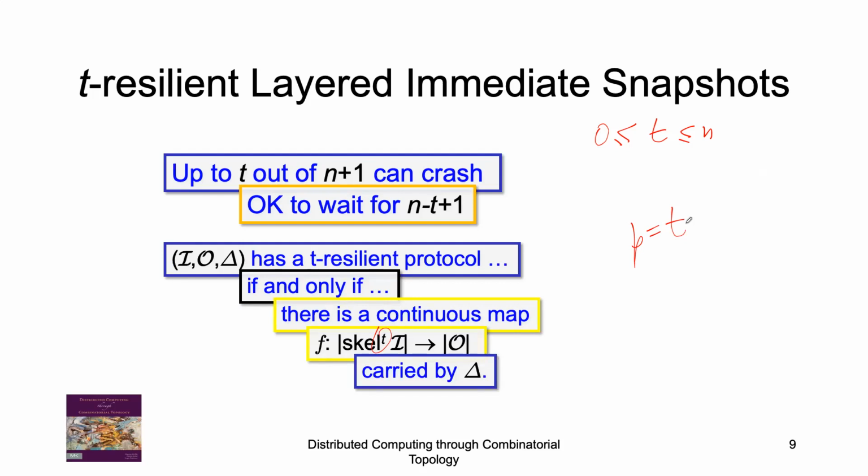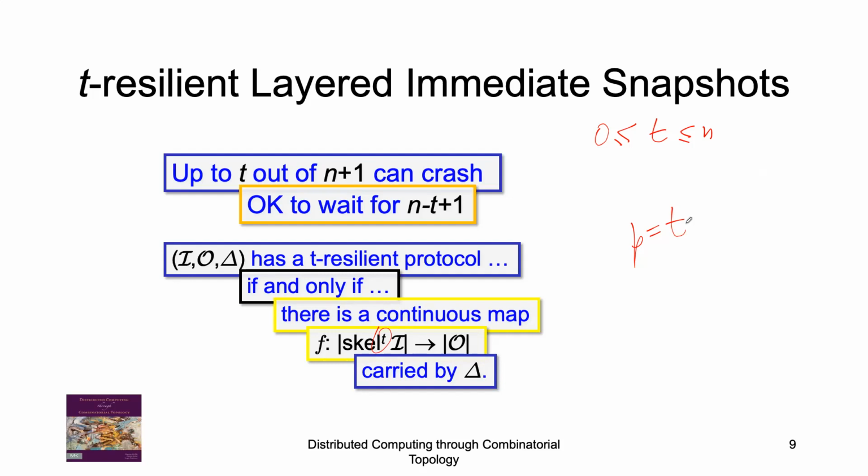We will see this next time. But keep in mind that we have the same structure of the characterization of the t-resilient model, except that we replace the parameter p, which is an abstract parameter for the model, with a concrete number t, which is the resilience level of your model.